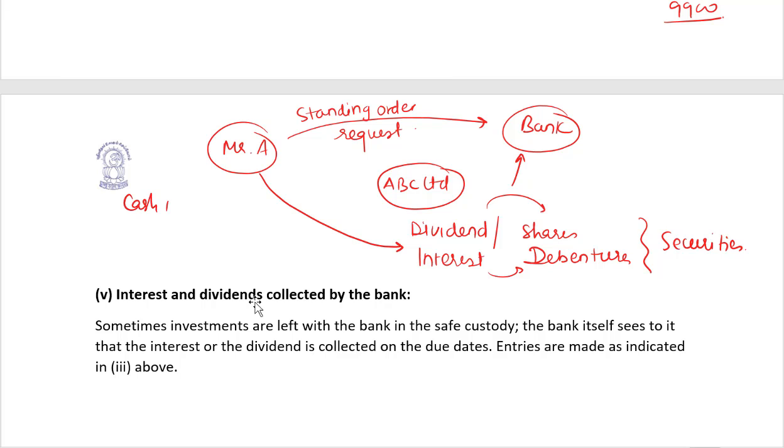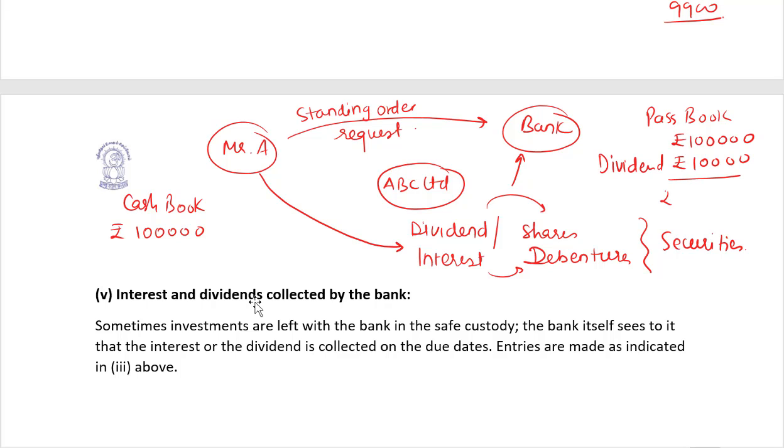So while Mr. A was maintaining the cash book, the balance was 1 lakh as per cash book. But in the passbook, the opening balance was 1 lakh, and 10,000 is credited as dividend. So the balance is 1 lakh 10,000 in the passbook and 1 lakh in the cash book.